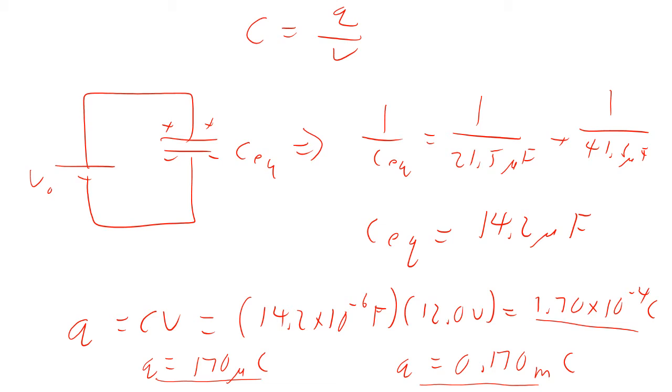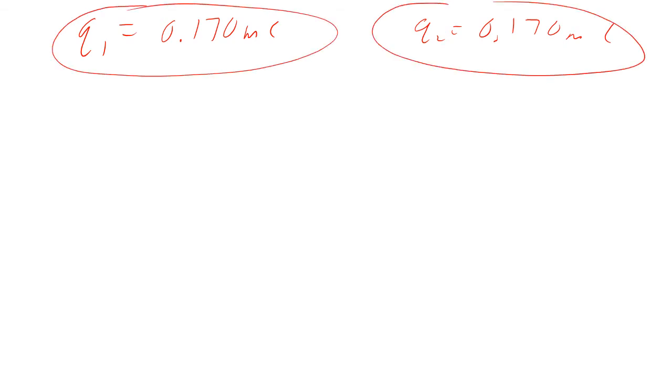So now we know that Q1 is going to be equal to 0.17 millicoulombs. We know that Q2 is 0.17 millicoulombs. So we answered those two questions right now. Now I want to know, what are the V's? So what's V1 and V2?